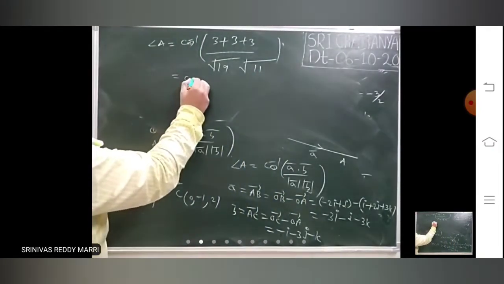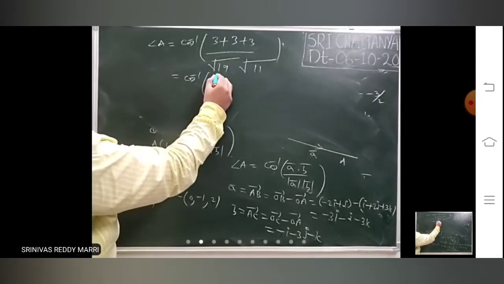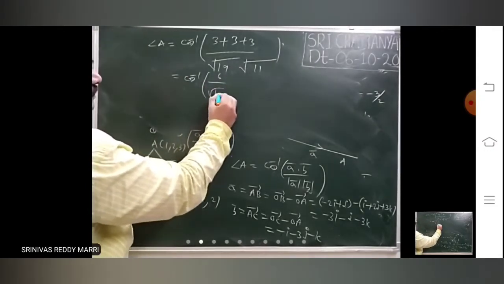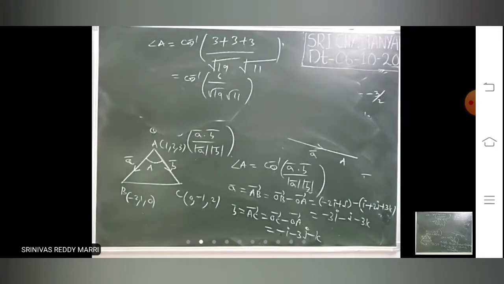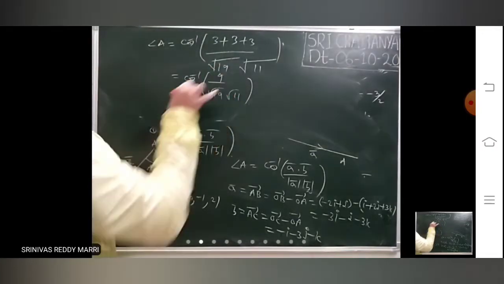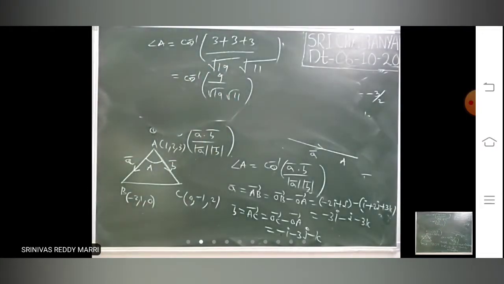That means this is nothing but cos inverse of 9 divided by root 19 into root 11. So this is angle A.